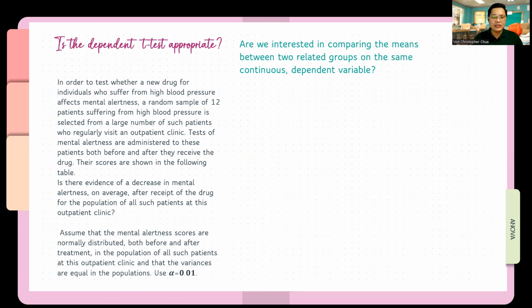Meaning, are we working with the same sample and we measured the dependent variable two different times, and we're trying to compare the means in these two different times that the dependent variable was measured? And the answer to that question is yes. Therefore, the dependency test seems to be appropriate.